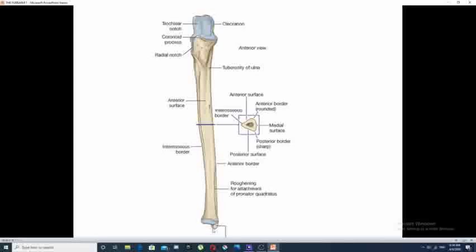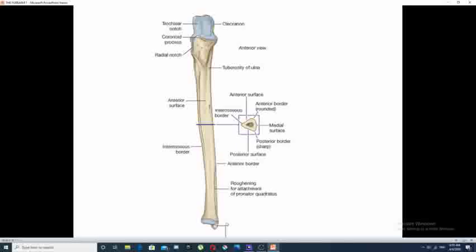An important note here is that the lower end of the ulna carries a minor role in the articulation at the wrist joint.